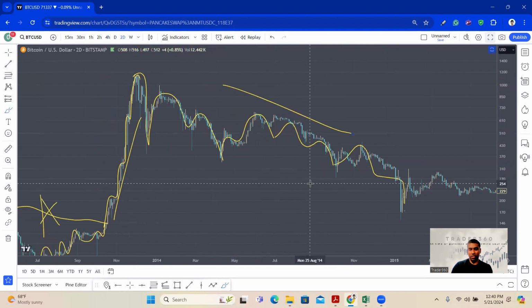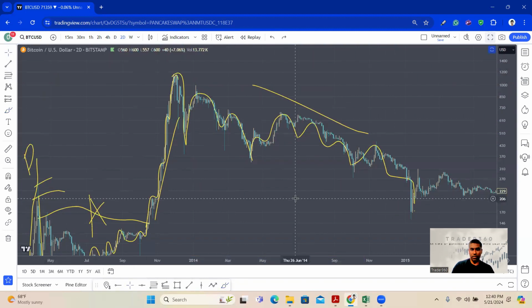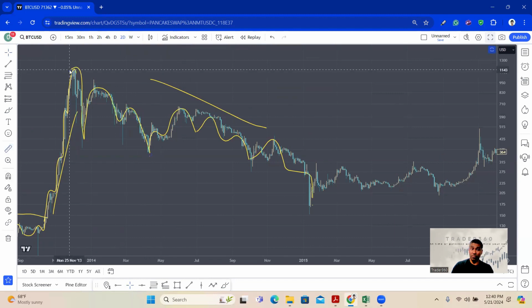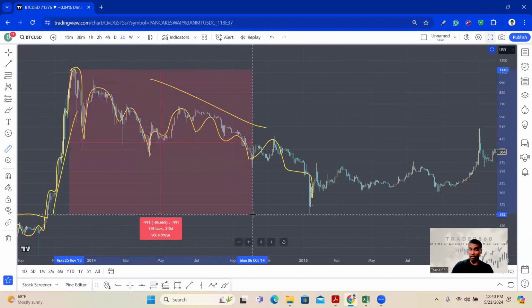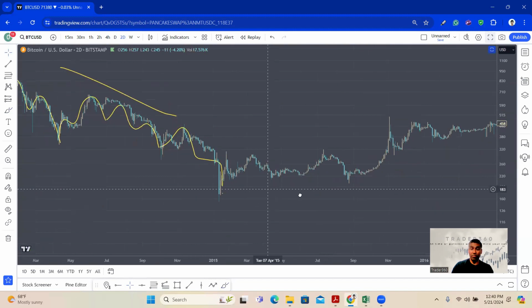It moved straight from 1164 to 152. So this was a move of 86%, the price moved down almost 87%.